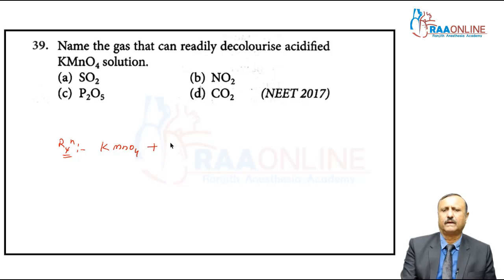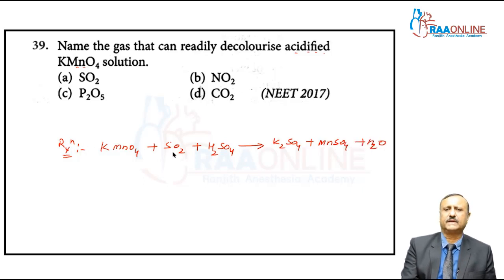When KMnO4 reacts with SO2, sulfur dioxide, in the presence of H2SO4, because in this question acidified KMnO4 is given, you get K2SO4 plus MnSO4 plus water. So by this reaction you can see that the KMnO4 solution is decolorized by SO2 gas. So your answer is A, and the reaction is this one.